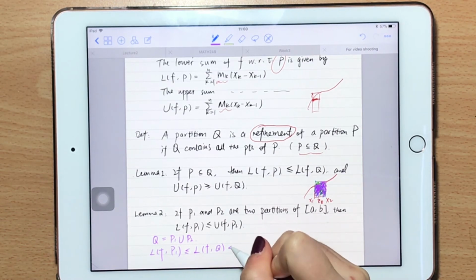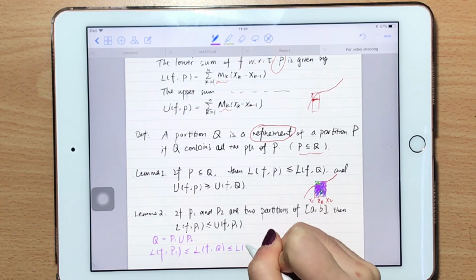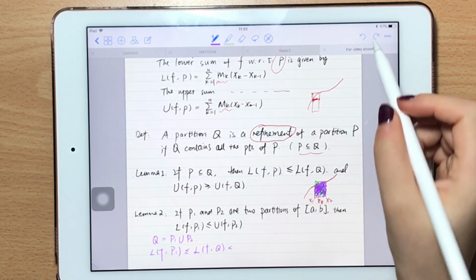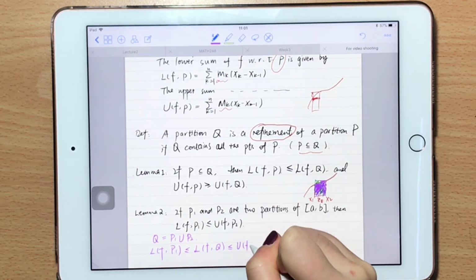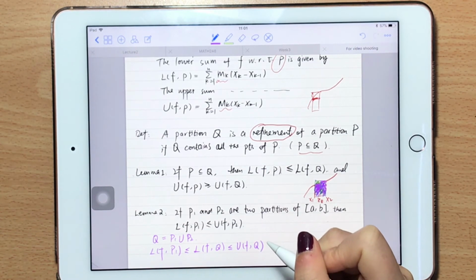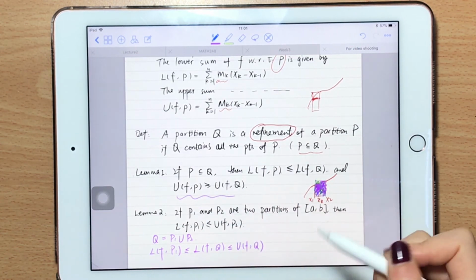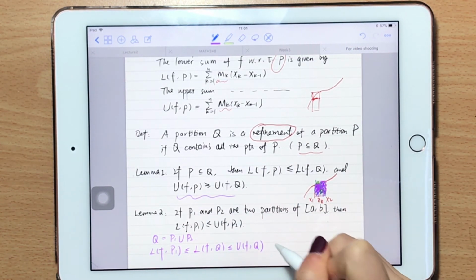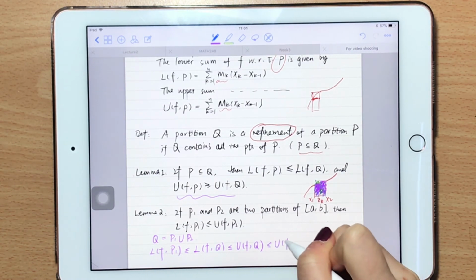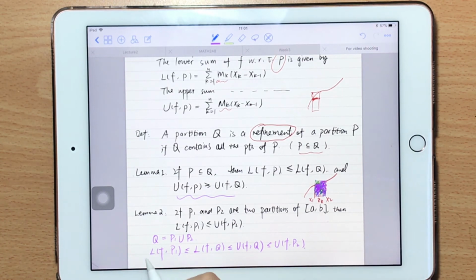And for Q, its lower sum will be smaller than or equal to its upper sum, right? And then the upper sum of Q will be smaller than or equal to the upper sum of f with respect to P2. Then we get that the lower sum of f with respect to P1 is smaller than or equal to the upper sum of f with respect to P2.